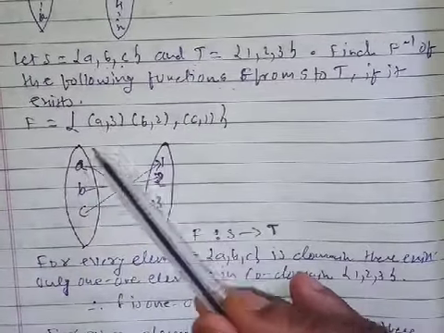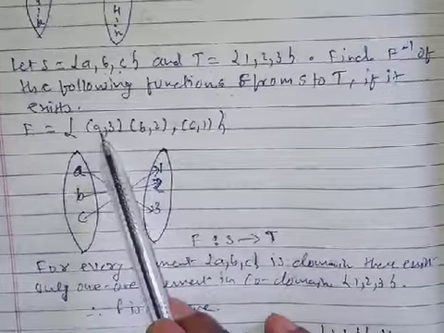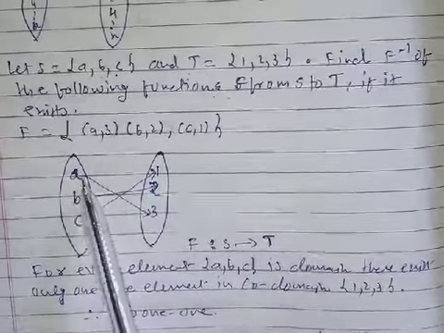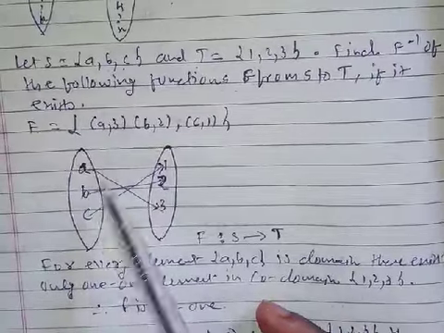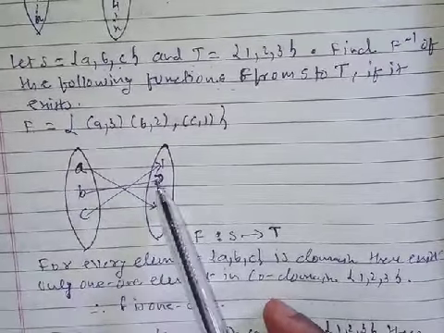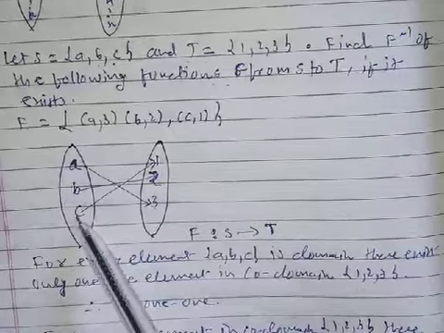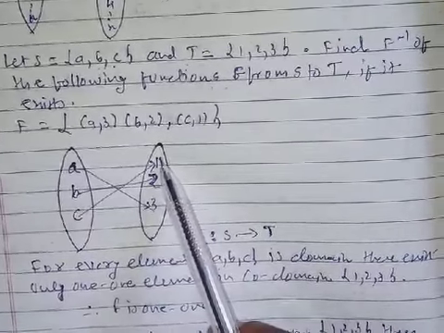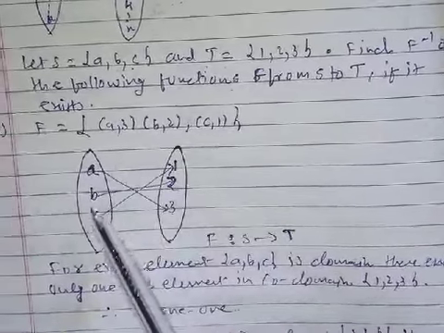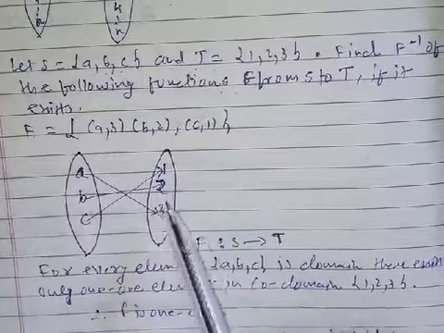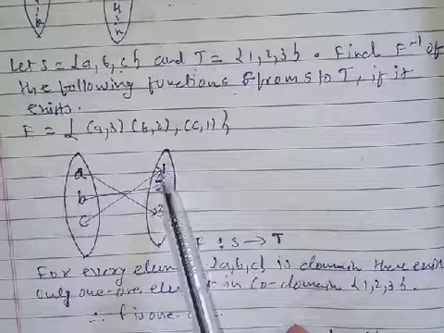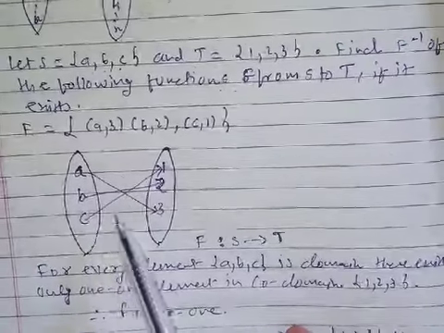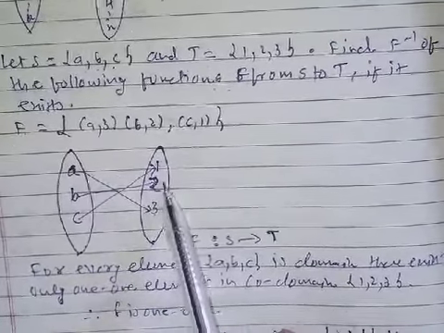So if we write it here, A, B, C, what (A, 3) implies is A corresponds to 3. B is corresponding to 2 and C is corresponding to 1. So what do we say? From this we can say that it is one-one, and each element in the codomain has some image in the domain, so it is also onto.